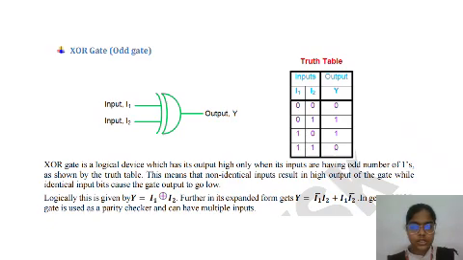This means that non-identical inputs result in a high output of the gate, while identical input bits cause the gate output to go low. Logically, this is given by y = I1 XOR I2. In its expanded form, y = I1 complement · I2 + I1 · I2 complement. The gate is used as a parity checker and can have multiple inputs.